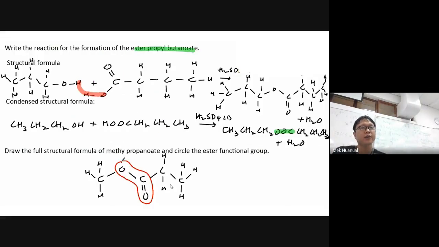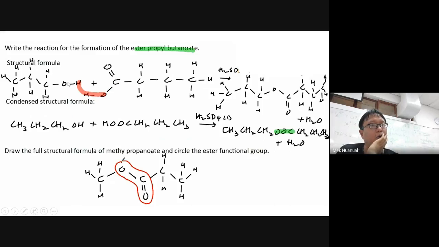Now you can do the same thing with condensed formula, just like I asked you earlier. Sorry, I'm skipping ahead. We didn't even do this one yet. This is how you create the ester propyl butanoate. I start off with this one, a 3 carbon alcohol, that's the propyl part.